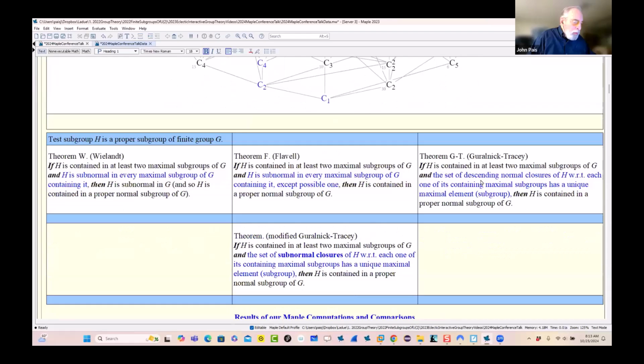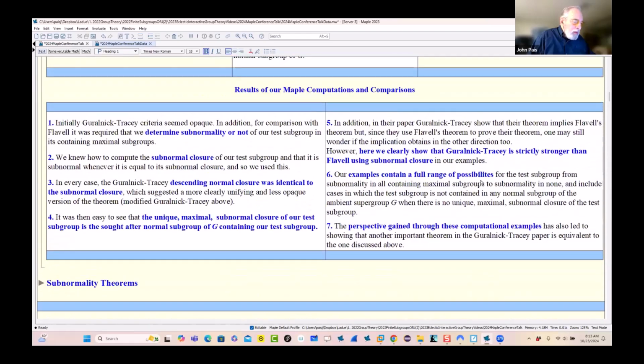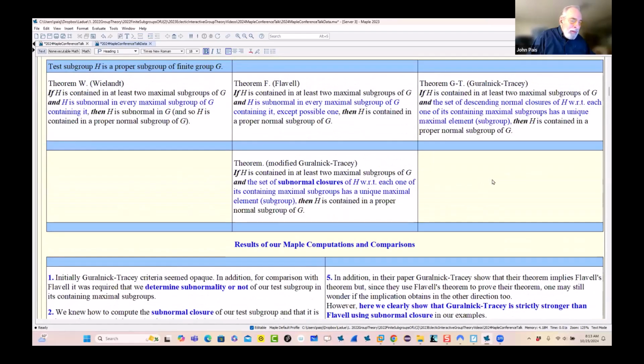Okay, so what we're able to do then is replace the descending normal closure, where we look for a maximum element, with the subnormal closures. And that really links up and makes all the connections less opaque, in my opinion, because now everything's in terms of subnormal.